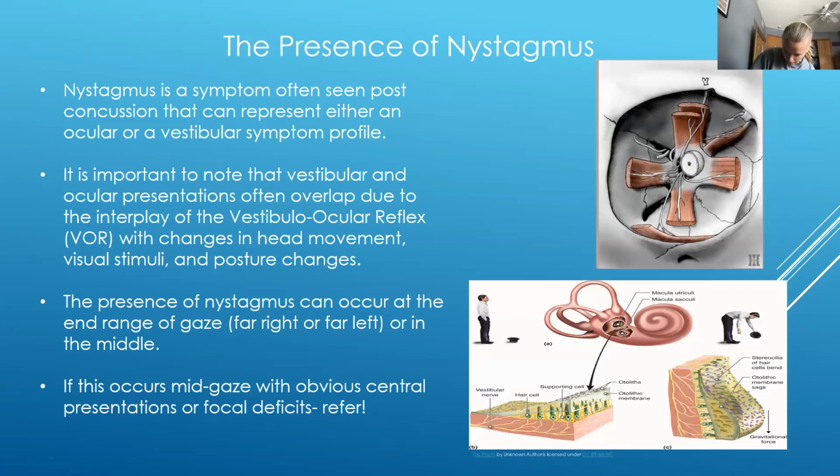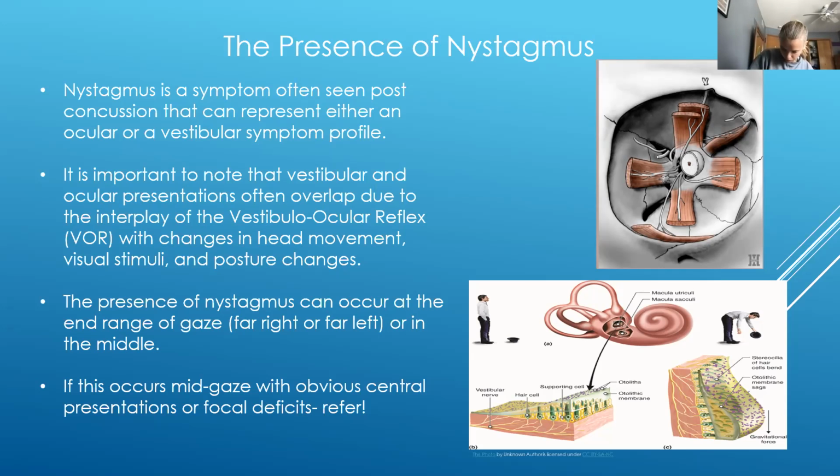All right. Okay, now here's the deal, guys. Before we jump into these, remember, when we're talking about these ocular profiles, we have nystagmus that we always have to keep in mind. And remember, like we talked about yesterday, the presence of nystagmus is one of those symptoms that really represents a really close crossover between ocular presentations and vestibular presentations. The reason for this is that the point of the vestibular ocular reflex is to be able to maintain gaze on stationary objects while moving the head.